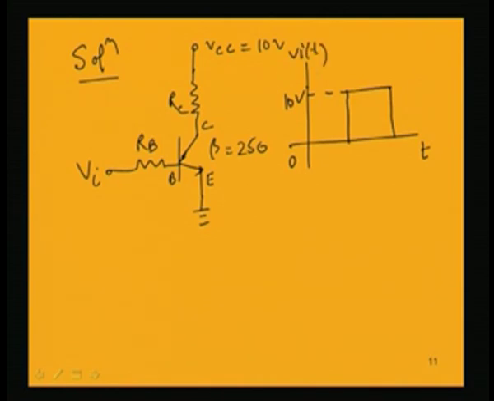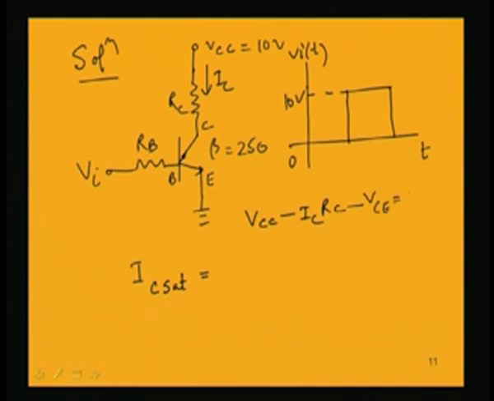Now, what is this saturation current IC sat? That saturation current can be found from the equation for IC, which is VCC minus IC into RC minus VCE is equal to 0.